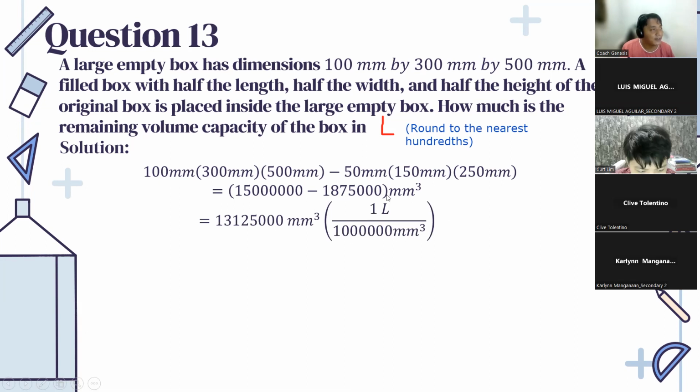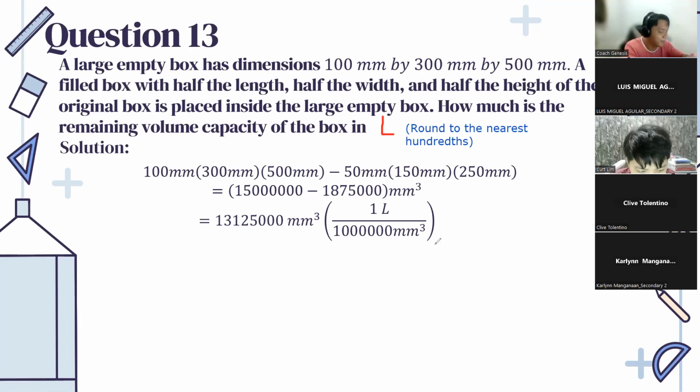Since you know that 1 liter is equal to 1 million cubic millimeters. The reason for this is if you have 1 liter, that is equal to 1 milliliter is equal to 1 cubic centimeter. Is it 1 liter?